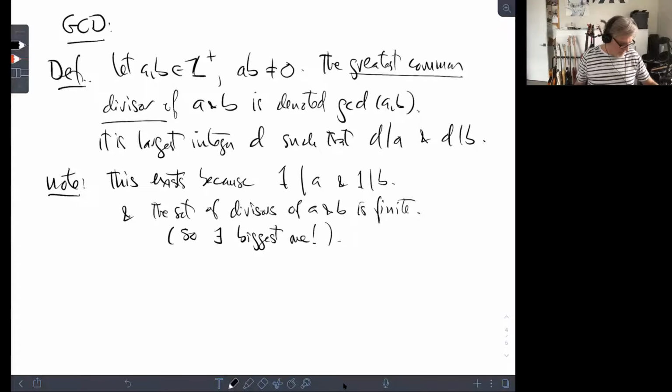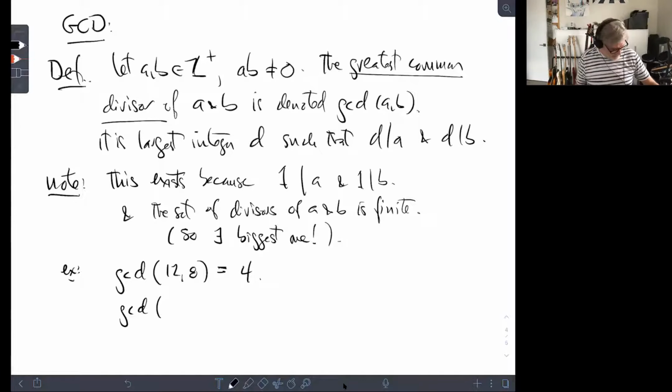So here are some examples. Greatest common divisor of 12 and 8. I mean, these are silly, right? But what's the biggest common divisor of 12 and 8? That would be 4, right? 4 divides both, and you can't find anything bigger. If it divides 8 and is bigger than 4, that has to be 8, but 8 doesn't divide 12, so that's it.